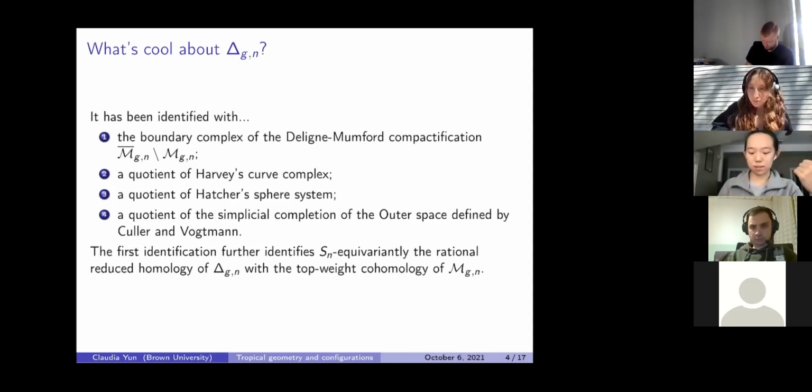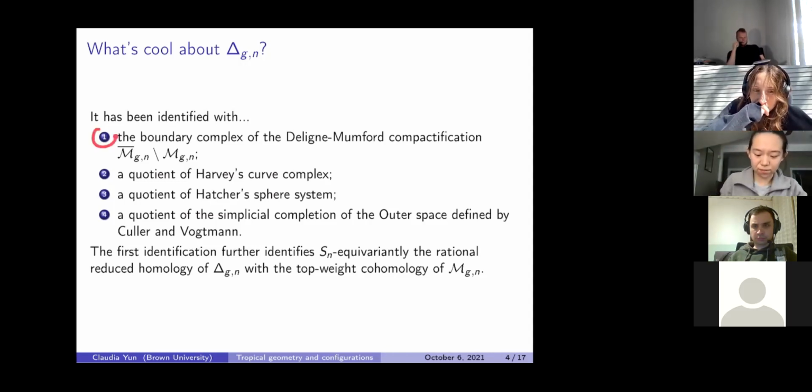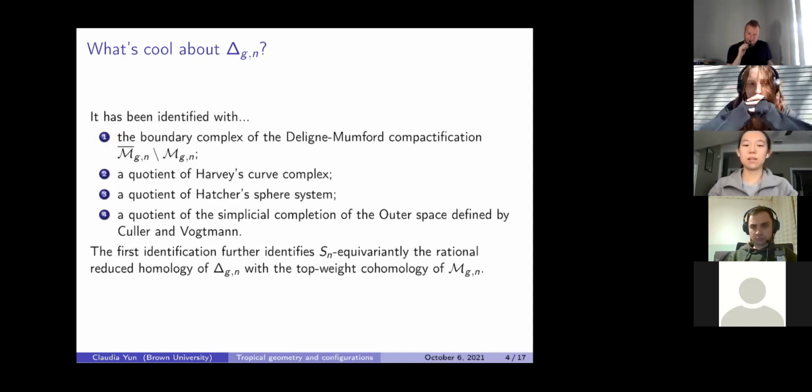These objects are all from decades ago, so they are old and well-studied objects in math. In particular, this first identification here allows us to identify the rational homology of delta g,n with the top weight cohomology of M_g,n.